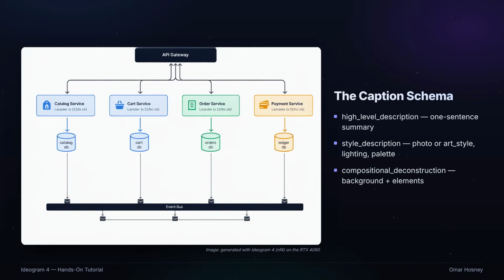The real power lives in compositional deconstruction, a background description plus a list of elements, where each element is either an object or a text item, with its own description and an optional bounding box in a 0 to 1000 coordinate space. The microservices diagram on this slide is the proof. Every service box landed exactly where its bounding box said it should.